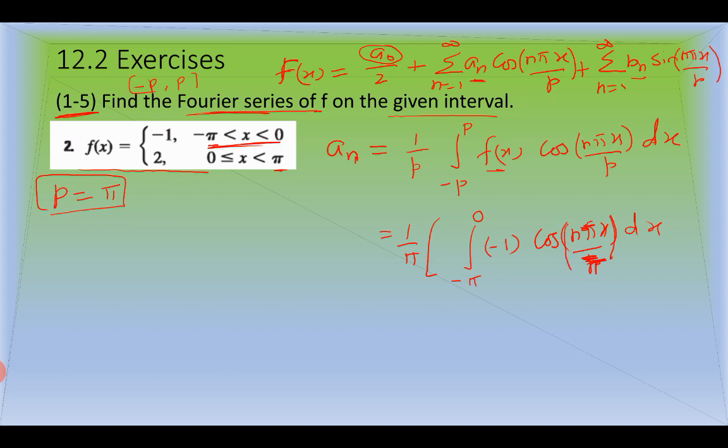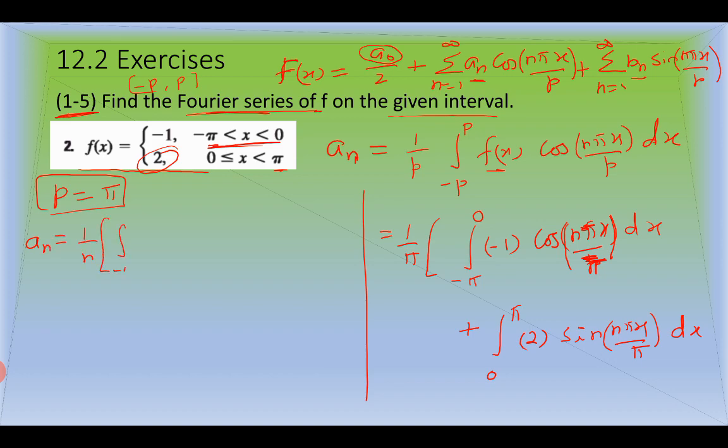Second term is integral 0 to pi, where the function is 2, 2 cosine n pi x over pi dx. So the next step, what do you get? an equals 1 by pi, integral negative pi to 0 negative cosine nx dx plus integral 0 to pi 2 cosine nx dx.